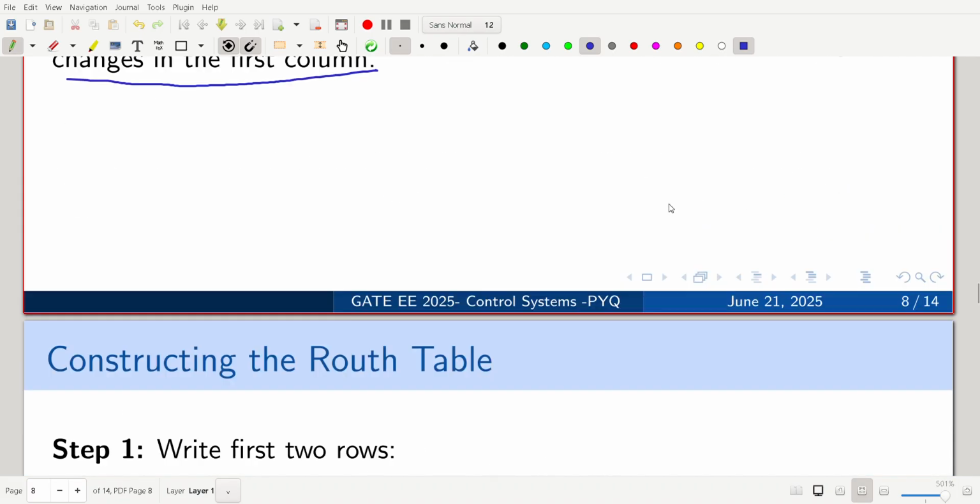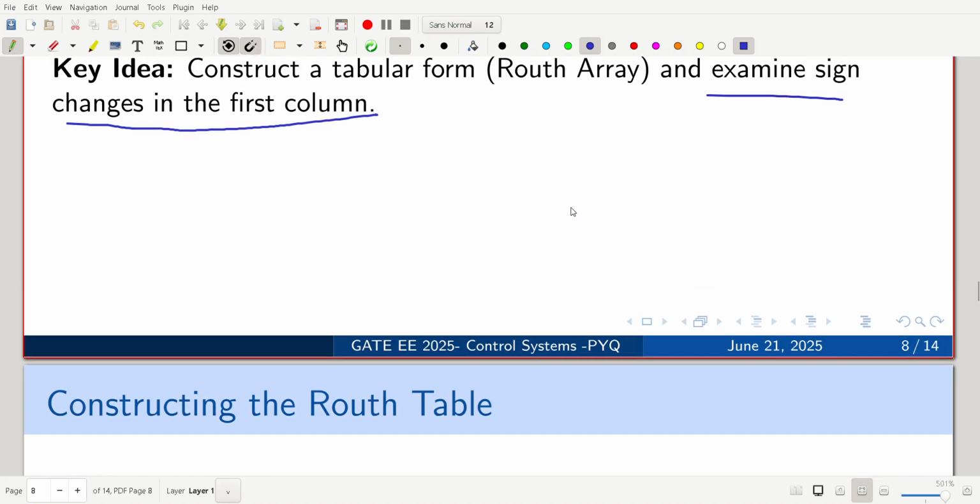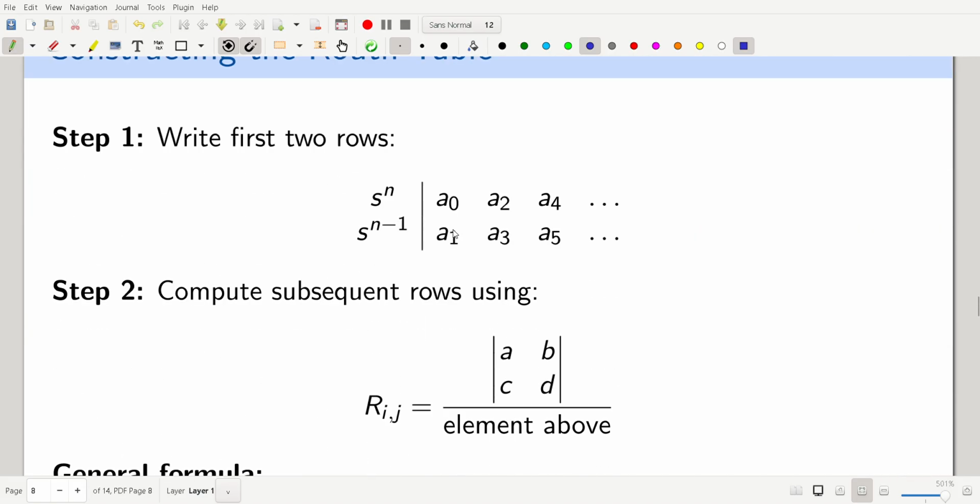The number of sign changes in the first column is equal to the number of poles in the right half of the S plane, which shows that the system is unstable. How do we consider the Routh-Hurwitz pattern?